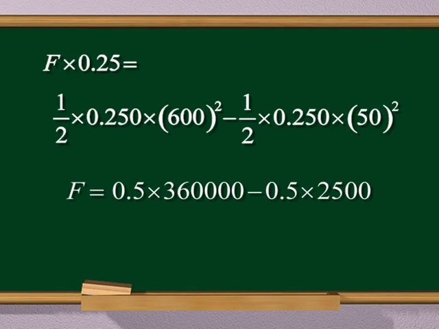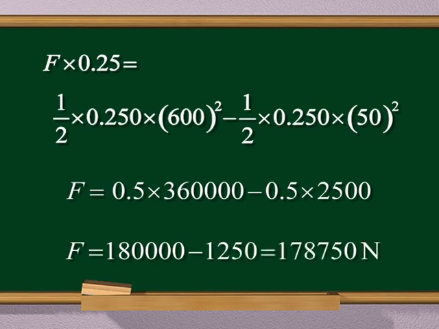Simplifying this calculation, we have the average force of resistance offered by the target as F equal to 1,80,000 minus 1,250, which is equal to 1,78,750 Newton. Hence, the average force of resistance offered by the target is 1,78,750 Newton.